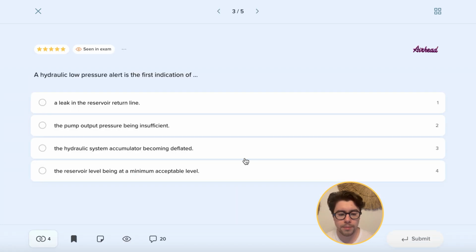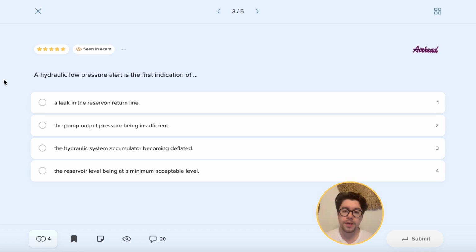And now for question number 3: a hydraulic low pressure alert is the first indication of. This question can be slightly tricky because quite a few answers here do make a little bit of sense. However, the keyword in this case is "first". The examiners are trying to get at the knowledge that the system checks are always right after the pump.